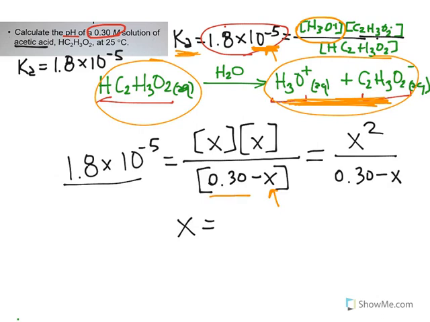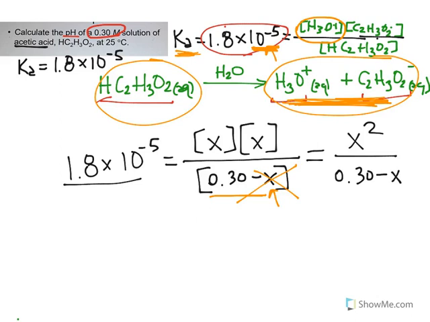So 0.3 minus an extremely small number is still going to be 0.3. So we can make an assumption. We can say that this x value is so small that 0.30 minus x is going to be 0.30. So we can remove that and make this problem a lot easier to solve.